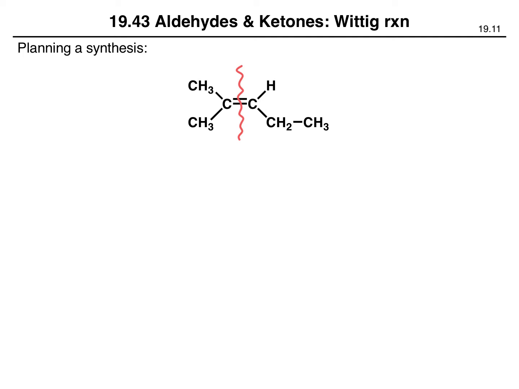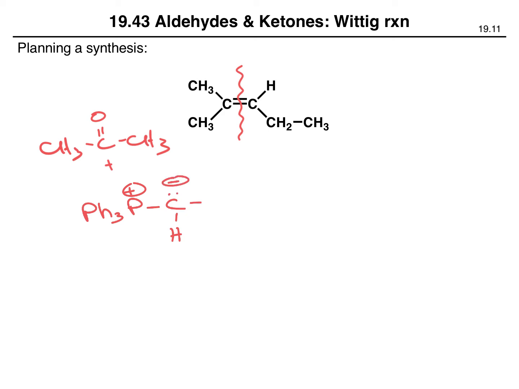So if we break it one way, then we can think of this as our carbonyl containing compound, and then the ylide would have to account for this piece of the molecule. So that would look like we have triphenylphosphine connected to the CH, CH2, CH3, so that these three carbons are these three carbons.